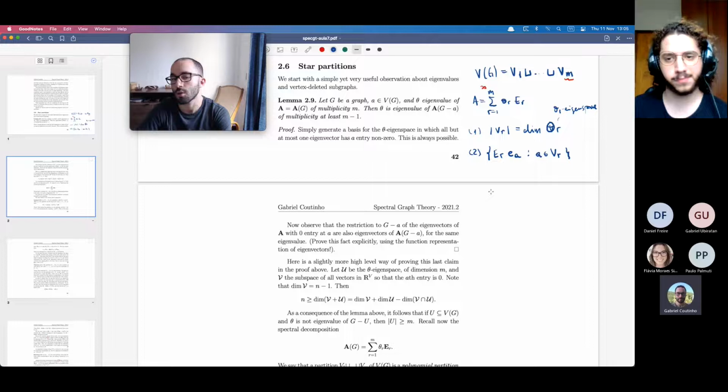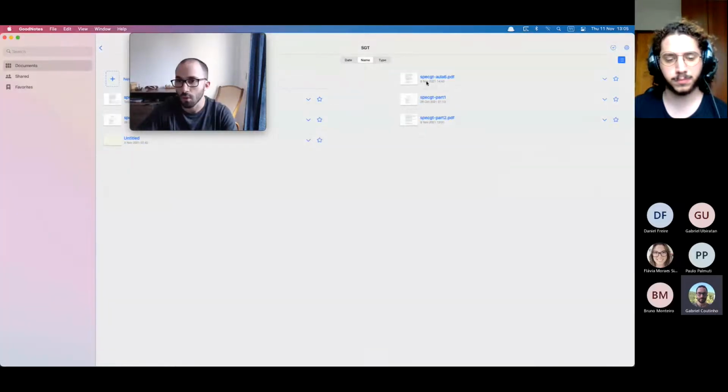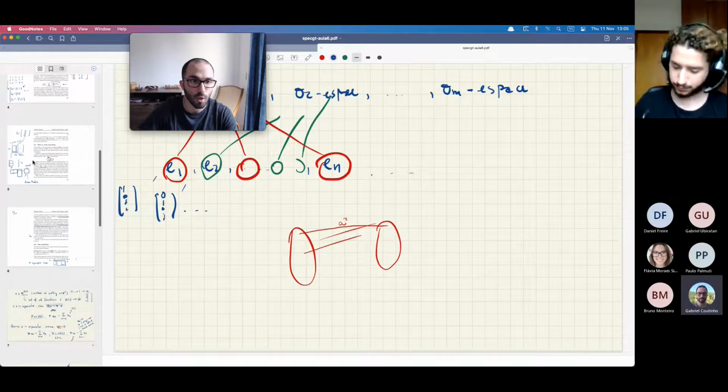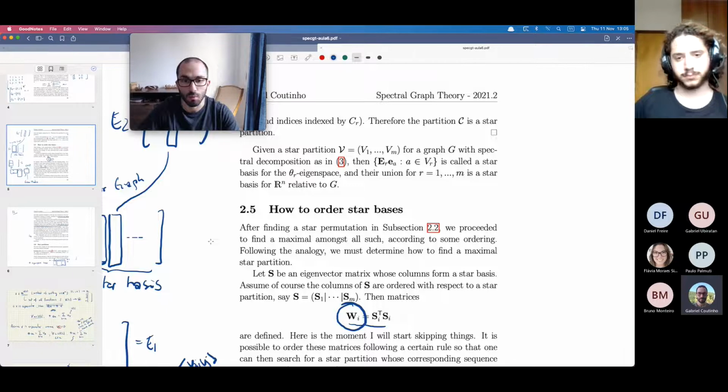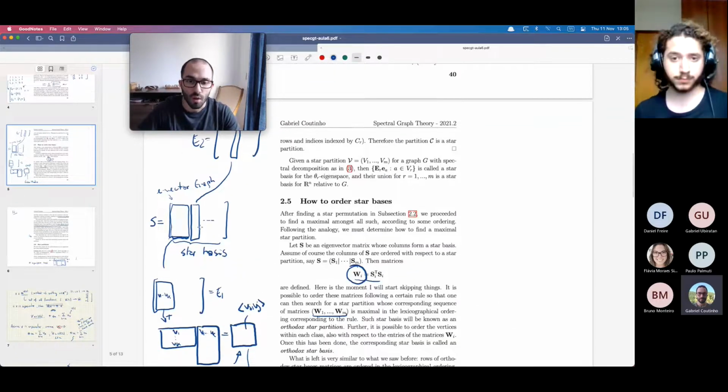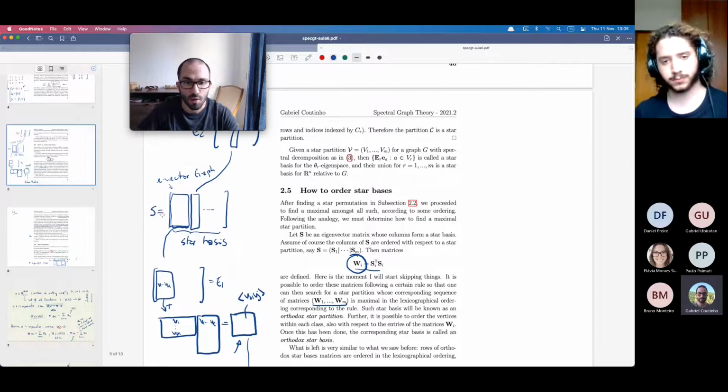And what was the drawing? Let me go back to the drawing, Spectral 6. So this was the picture that I wanted you to have in mind: basically you have this big matrix of eigenvectors, right?